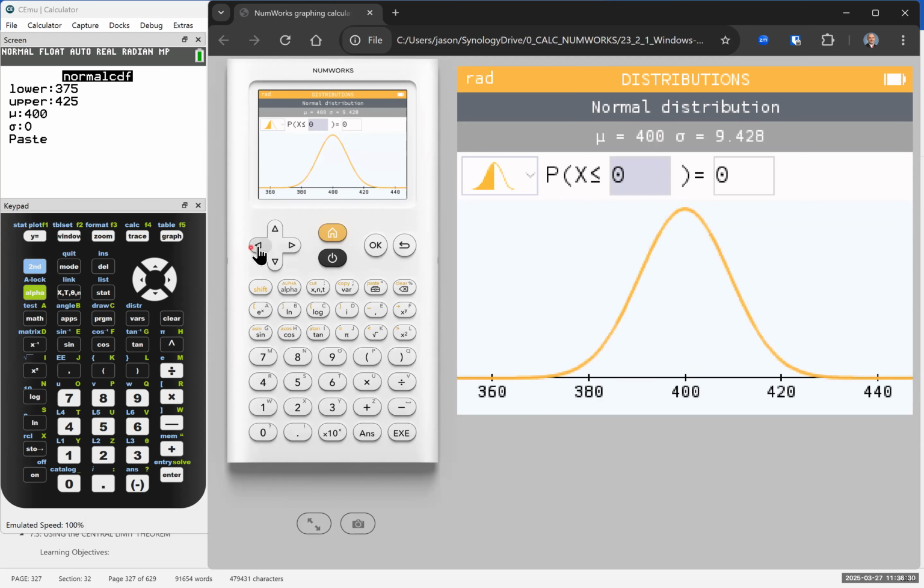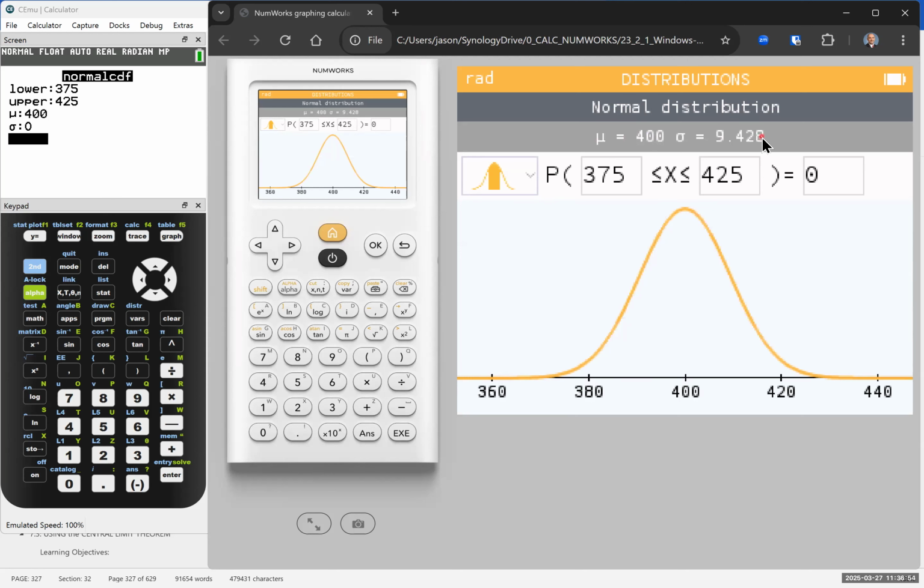Now what I want is the area between two values, so I want this middle option. Click OK. And I want the area between 375 and 425. You can see here, this is what I put in previously: I put in 400 and then I put that variable in.